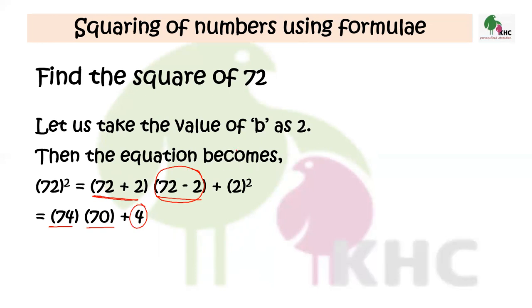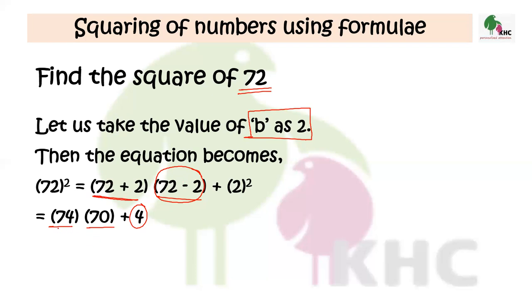So what did we do? We just chose the value of b to suit the number. Here 72 is very close to 70, so we just split it in the form that we get 70. So 72 minus 2 is our first term and 72 plus 2 is the other.